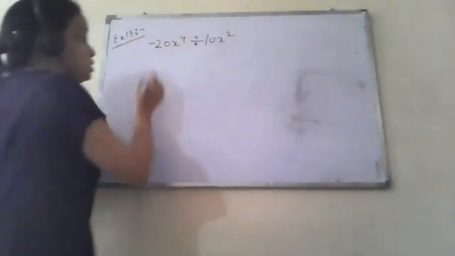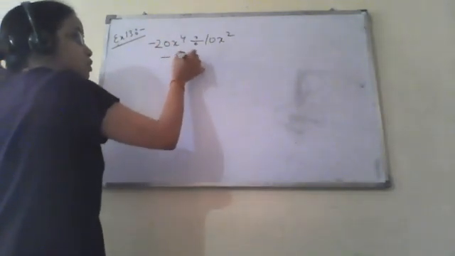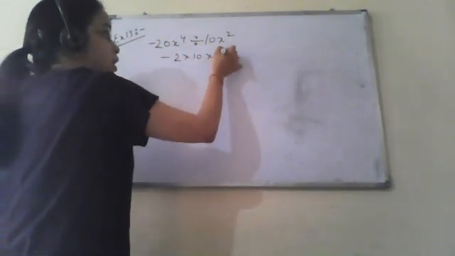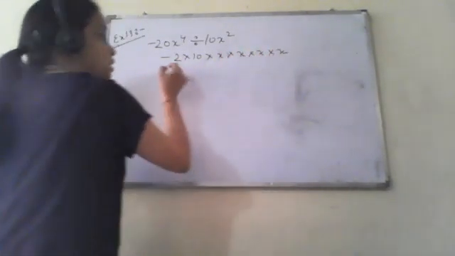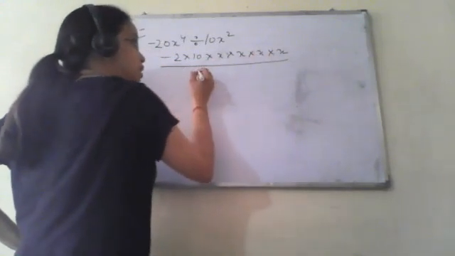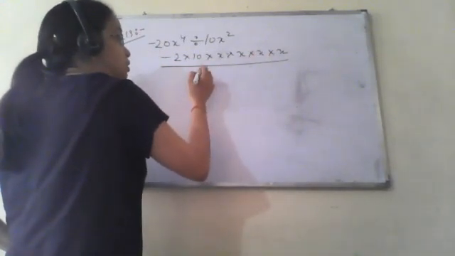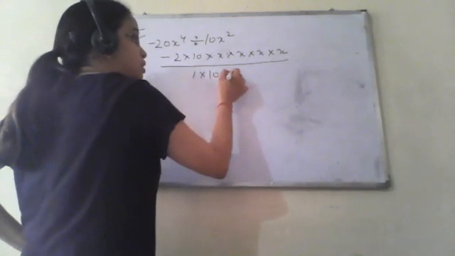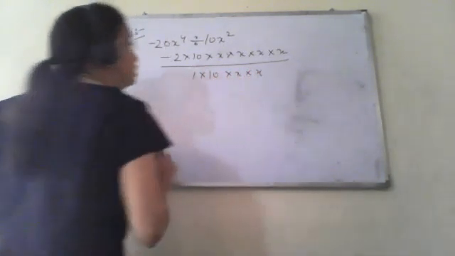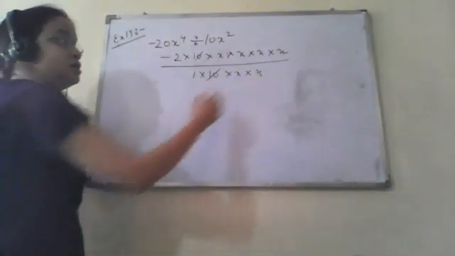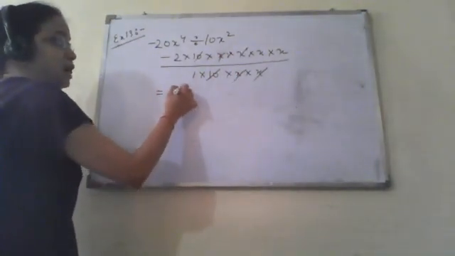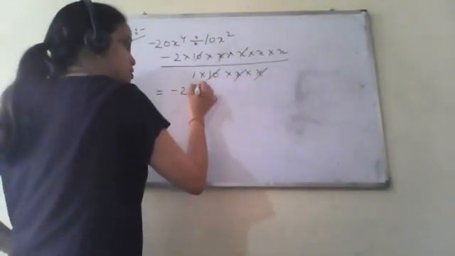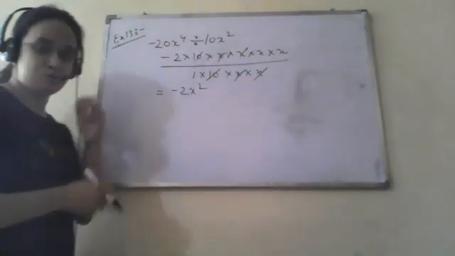So this minus 20 can be written as minus 2 into 10 into x into x into x into x. Clear? And this 10x cube is 1 into 10 into x into x into x. Now this 10 will get cancelled, and the x's will get cancelled. So what do we have left? This is minus 2, and x into x will be x square. So the answer is minus 2x square.